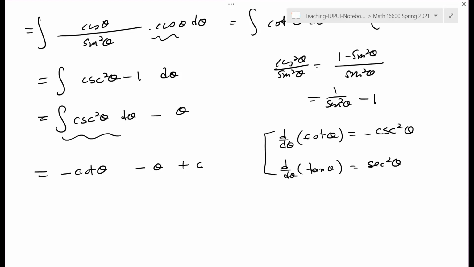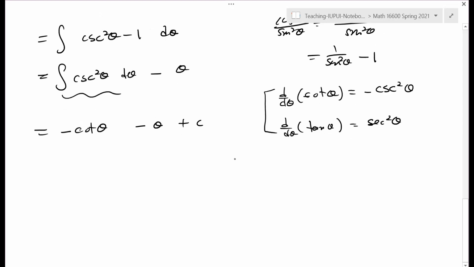Now for the 35, actually this is a definite integral. The definite integral is going to be like that, from pi over 6 to pi over 2, of cotangent square theta d theta. First of all, you have to make sure the function is defined on this interval. Yes, the function is defined on this interval.